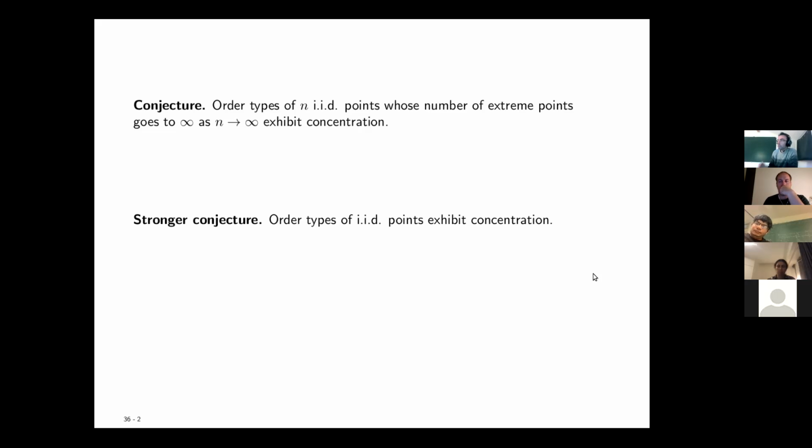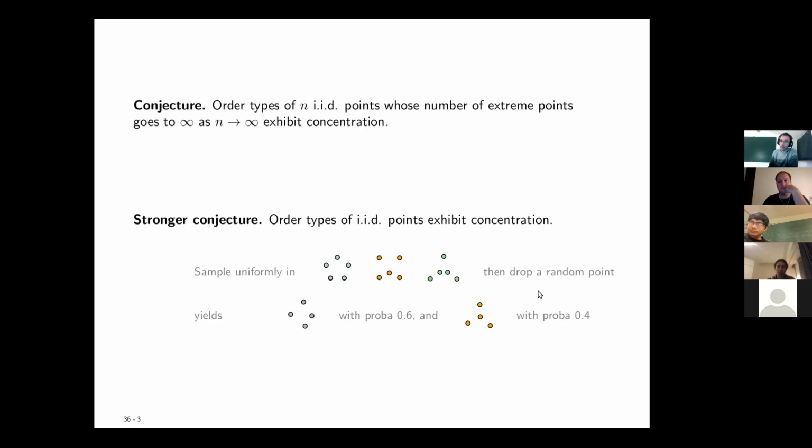One indication why this could be the case is that if you oversample, say you are aiming for an order type of size n, and you take an order type of size n plus 1, and then you drop 1 point at random, you don't get a uniform distribution on order types of size n.